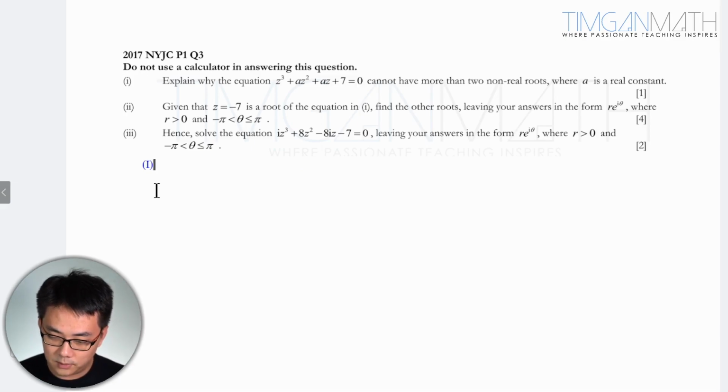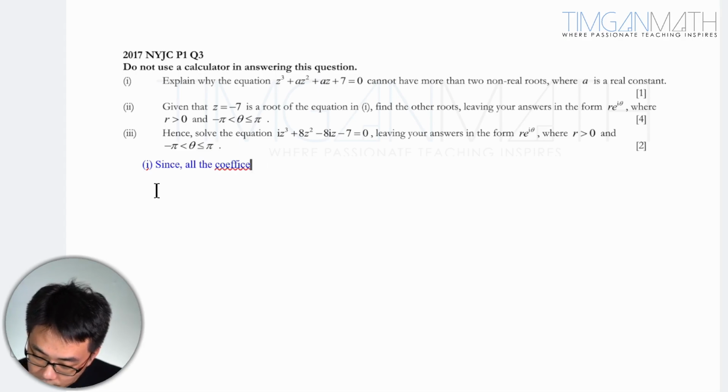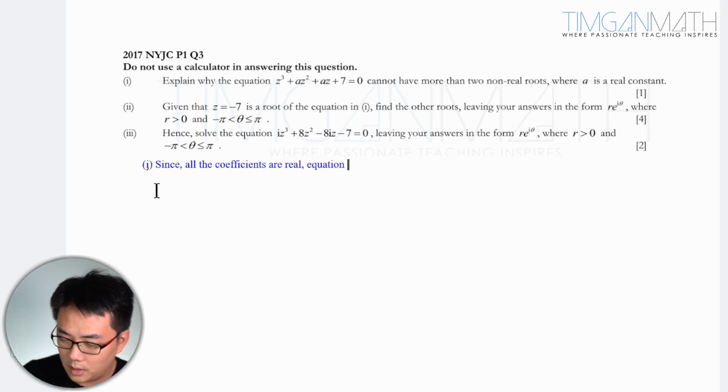Since equation has all the coefficients are real, equation cannot have more than two non-real roots.